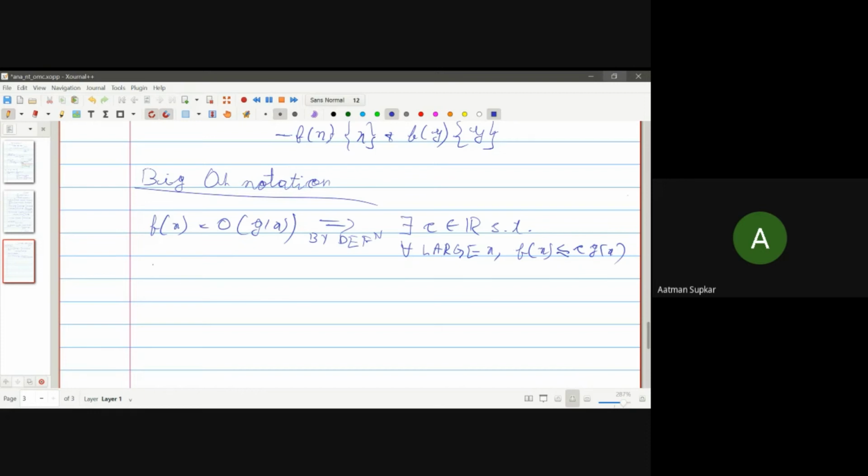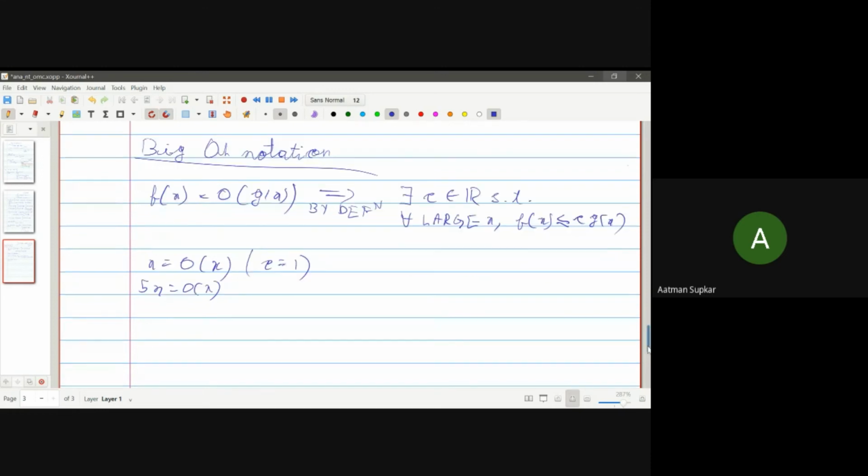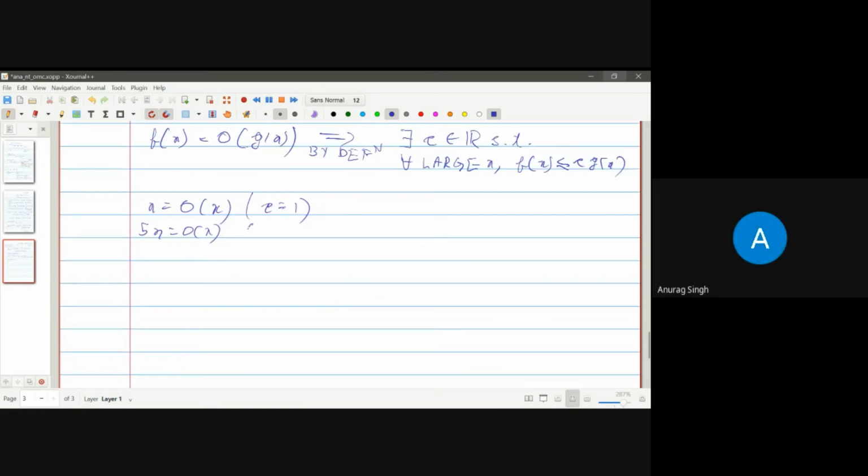For example, x equals O(x), because there exists a very clear constant, c equals 1, that just works. 5x is O(x); c greater than or equal to 5 works clearly.